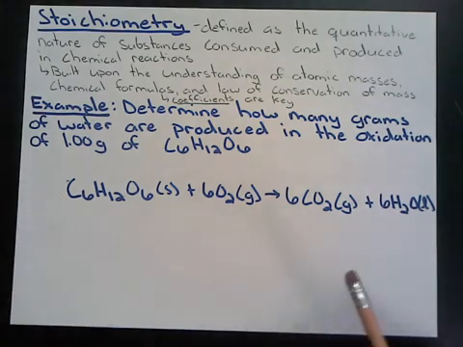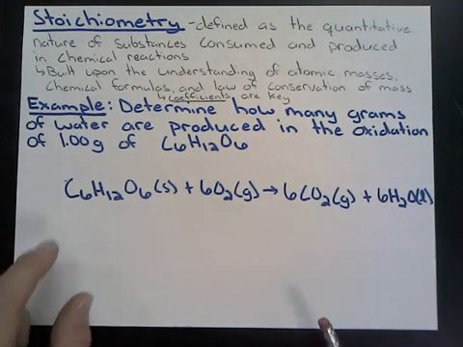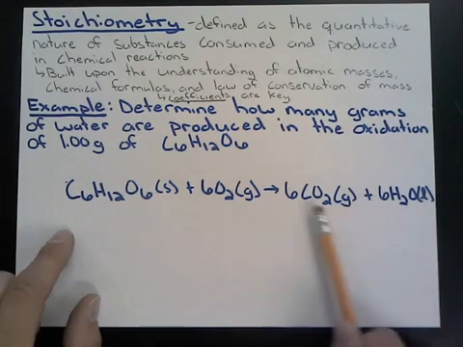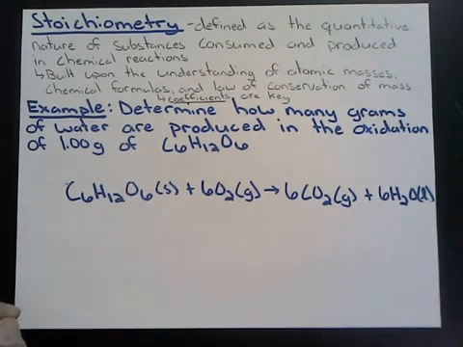Remember when we balance chemical equations, yes, we were abiding by the law of conservation, but more importantly for stoichiometry, we are saying these numbers out in front are those mole-to-mole ratios. So remember that coefficients are key.